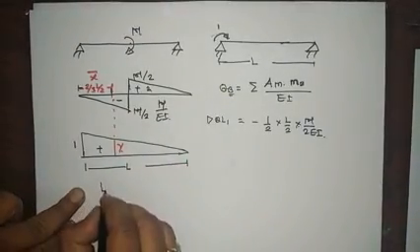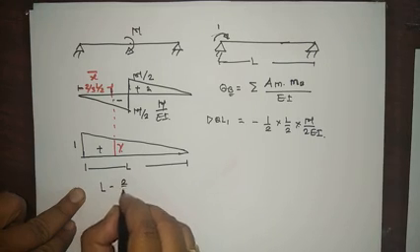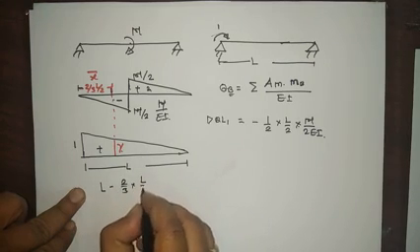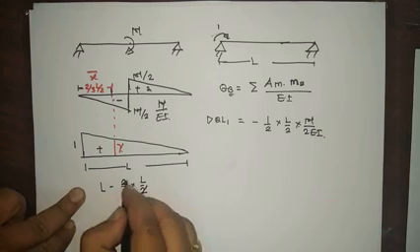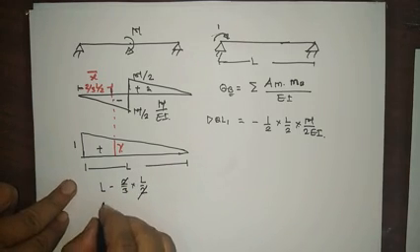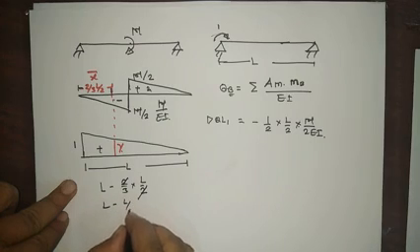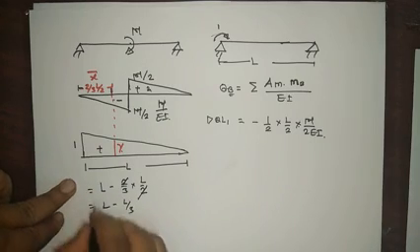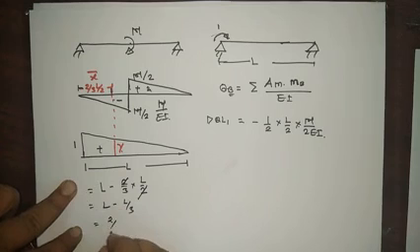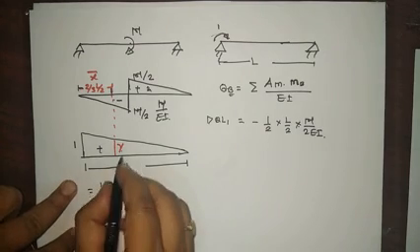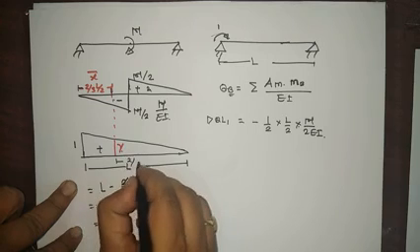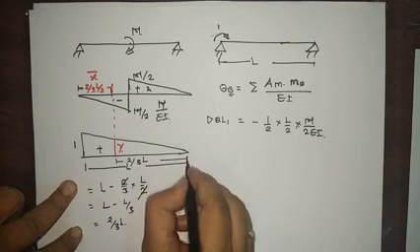This 2 gets cancelled out. So L minus L by 3. So this becomes 2/3 of L. Now this distance is 2/3 of L.